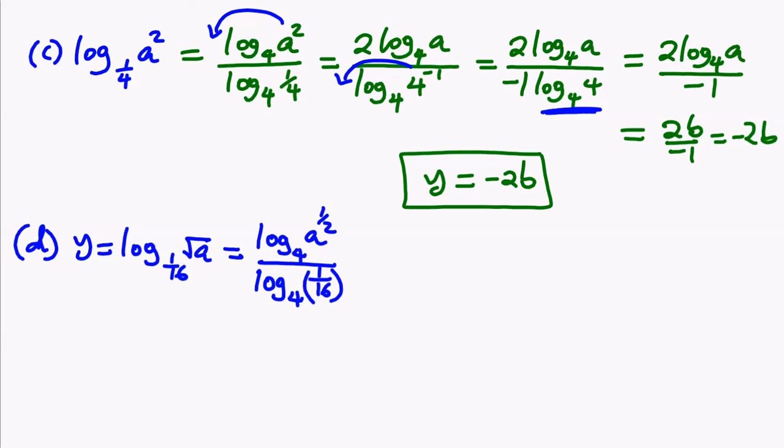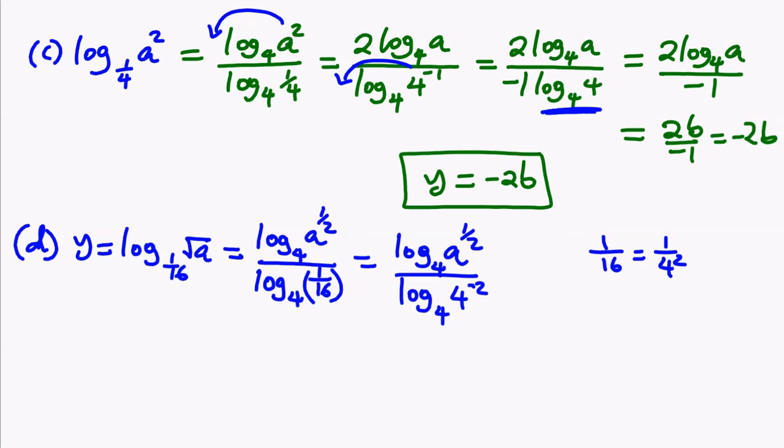So what we'll end up with here is log to base 4 of a to the power a half over log to base 4 of 4 to the power negative 2. 16 is same as 4 to the power negative 2. So 1 over 16 is same as 1 over 4 squared, which is 4 to the power negative 2. Okay, if you remember negative indices. So back to our question.